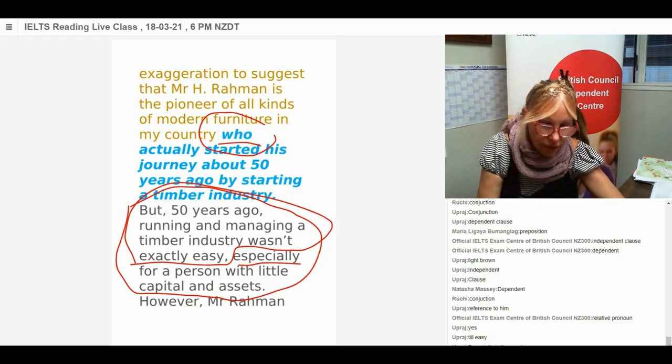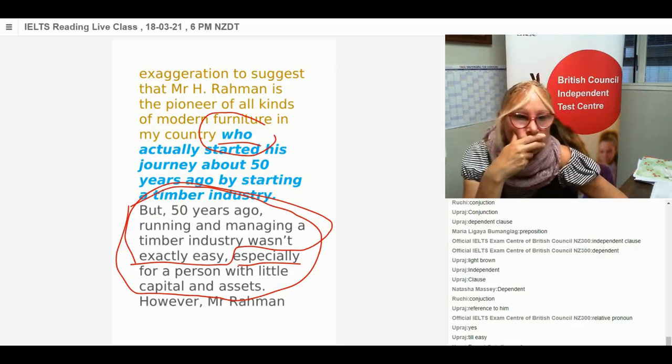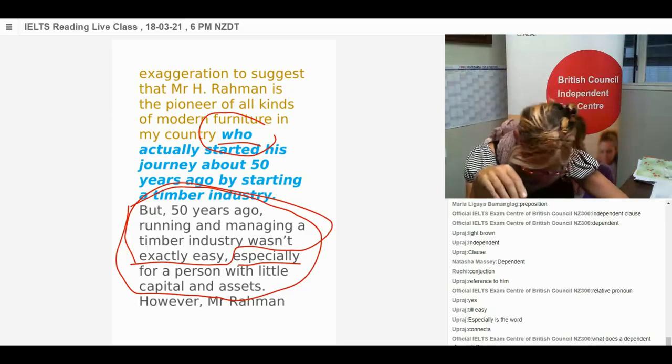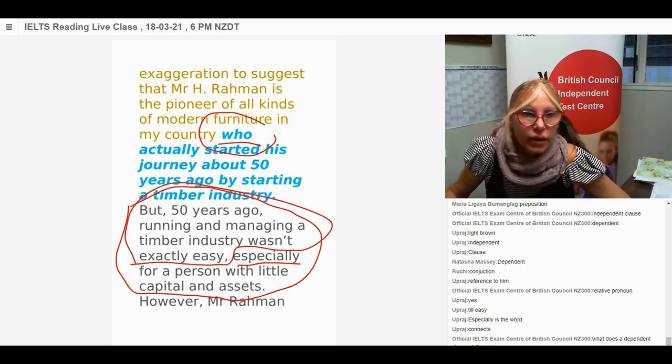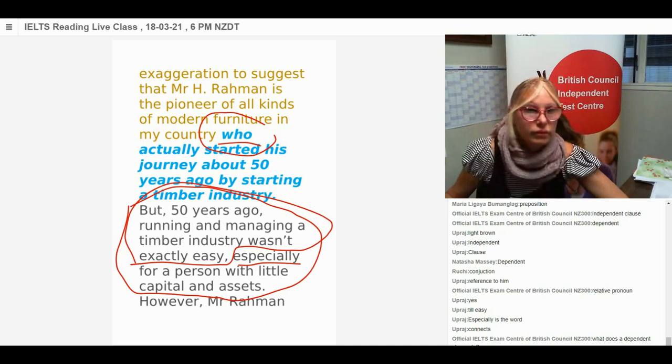What does a dependent clause do? Connect. Not quite sure.